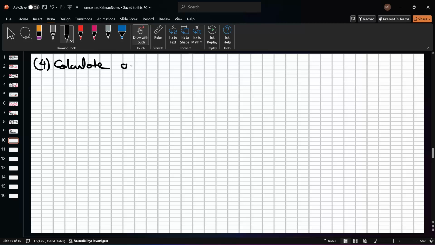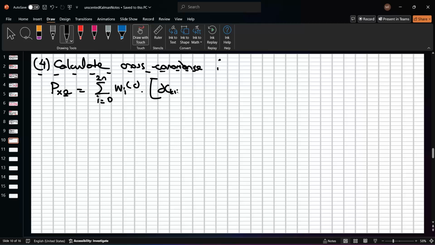cross covariance calculation. In the normal Kalman filter, or in the extended Kalman filter, we don't have this kind of property, okay? And so Pxz is equal to what? The summation over i equals 0 to n of wic times chi k|k-1 i.